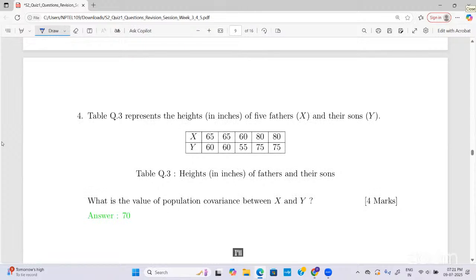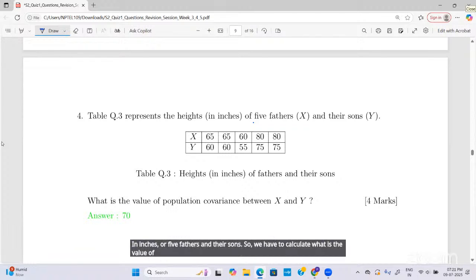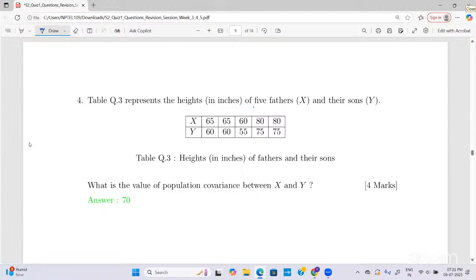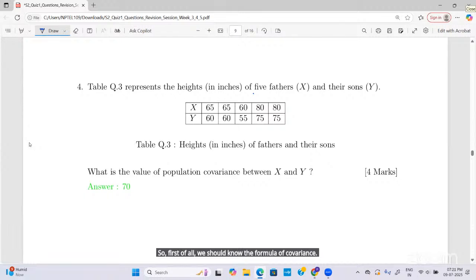Okay, the next question is, table Q.3 represents the heights in inches of 5 fathers and their sons. We have to calculate what is the value of population covariance between X and Y. First of all, we should know the formula of covariance, right?